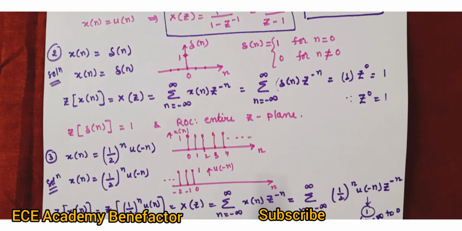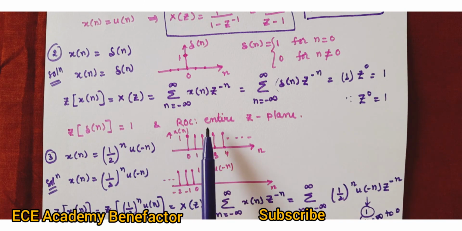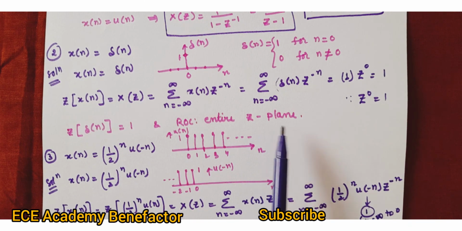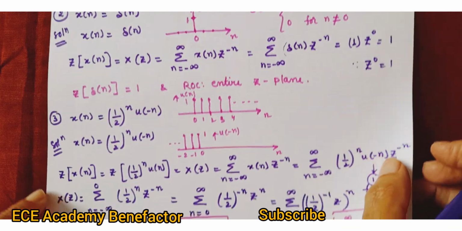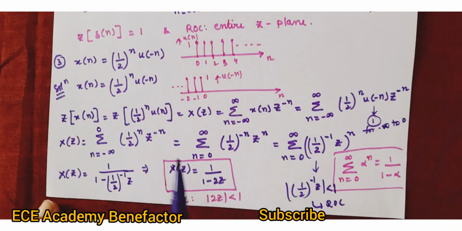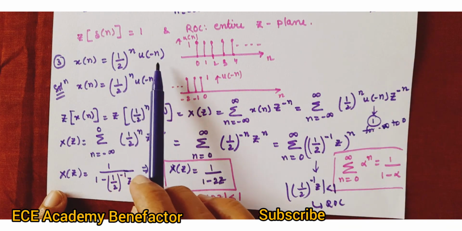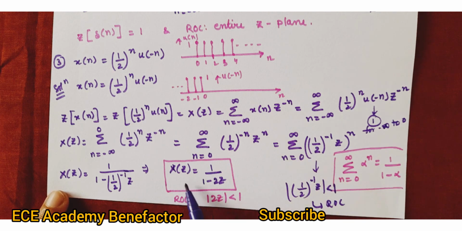The Z transform of delta of n is 1. ROC is the entire z plane. Next problem we have done, find the ROC of 1 by 2 to the power of n u of minus n. So, its X of z is coming as 1 by 1 minus 2z and ROC is mod 2z less than 1. I hope you have understood the class.